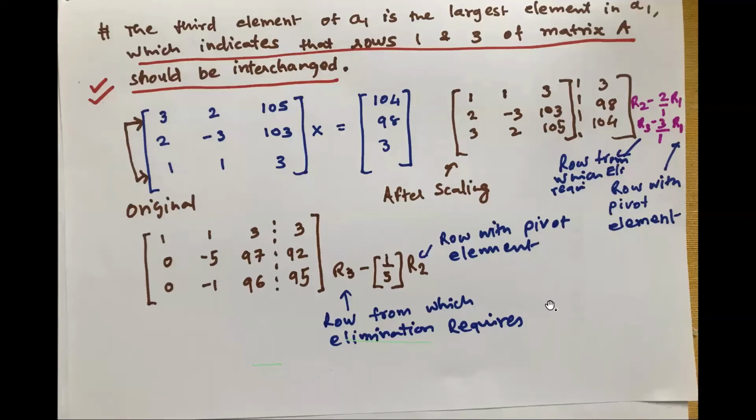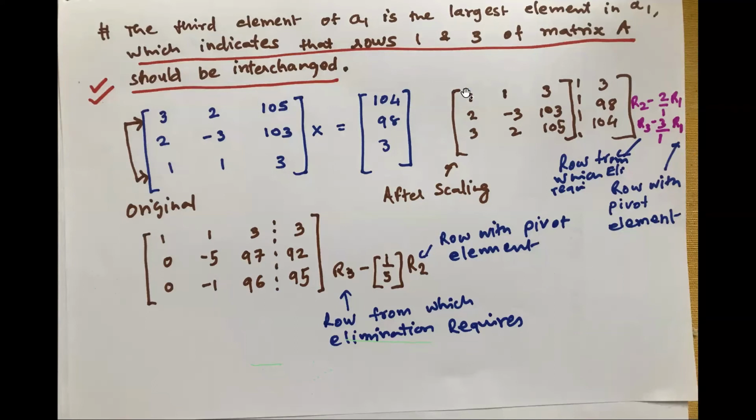So what we have seen, what we are discussing, is we have used scaling to choose the row, which will help us in choosing the pivot element by interchanging, which rows to interchange, that will tell us.